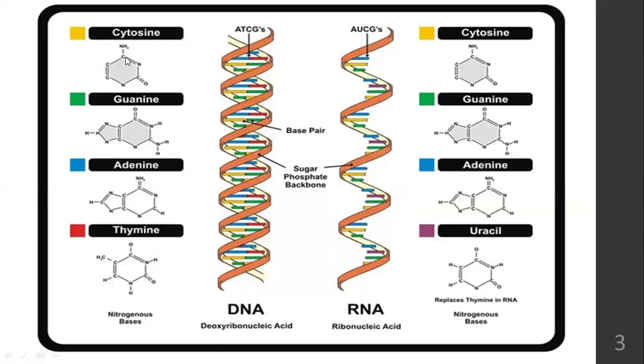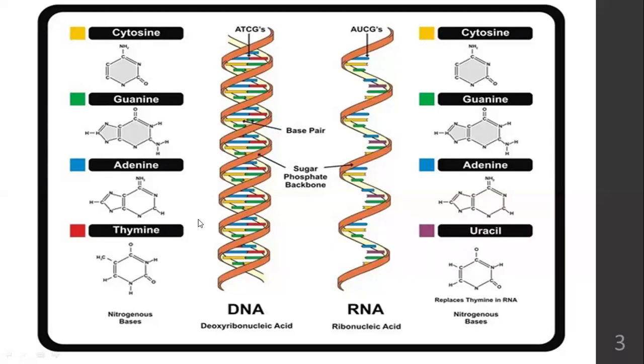These four molecules interact with each other in such a way that they form so many permutations and combinations on your DNA that gives you your physical features, how everyone is different from each other. It is because these base pairs are combined differently in your genes.